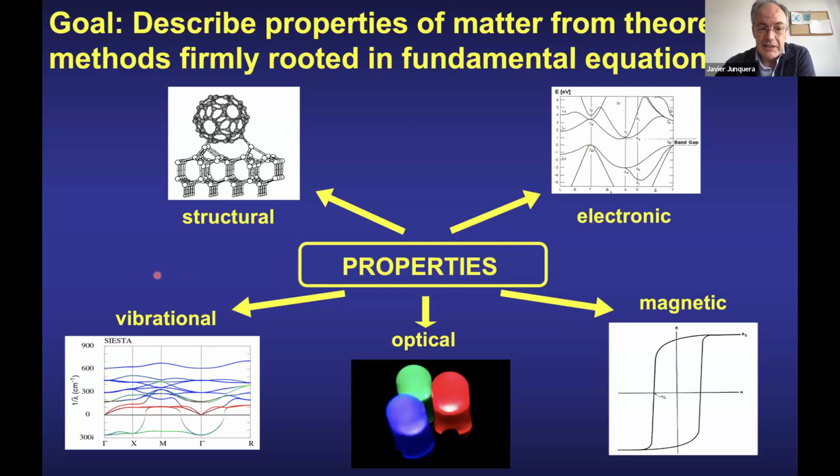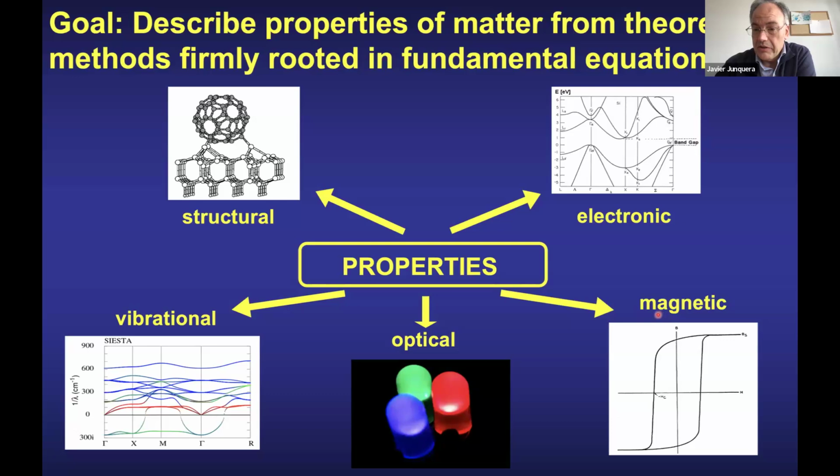But we can also discuss about vibrational properties that are very, very important for thermal conductivity, for instance. And then these vibrational properties are related with phonons. And then we will discuss the harmonic approximation and how to compute the phonons from the basic equations of nature. But electrons, besides charge, do have also a spin.